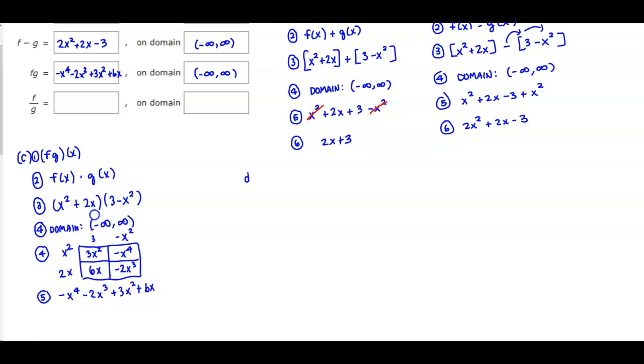Okay, now let's take a look at part D. We want to take f and then divide it by g of x. So that means we're going to take f of x and then divide it by g of x.